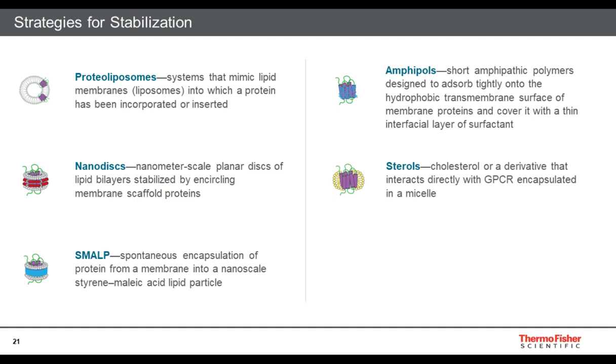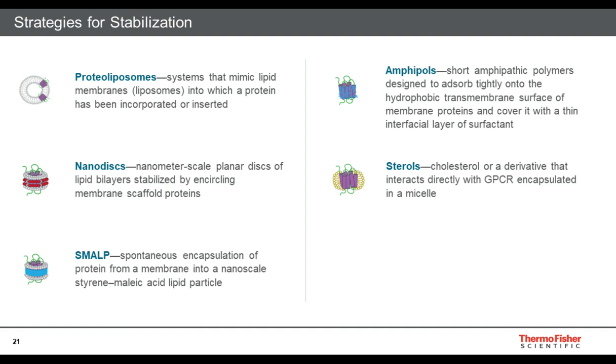Not only do we want to fully solubilize the GPCRs, but they also need to maintain their native form and function afterwards. As integral membrane proteins, they are generally unstable when removed from their membrane environment. Different strategies for stabilization include proteoliposomes, which are systems that mimic lipid membranes and incorporate the protein within; nanodiscs, which are nanometer scale planar discs of bilipid layer stabilized by an encircling scaffold protein.